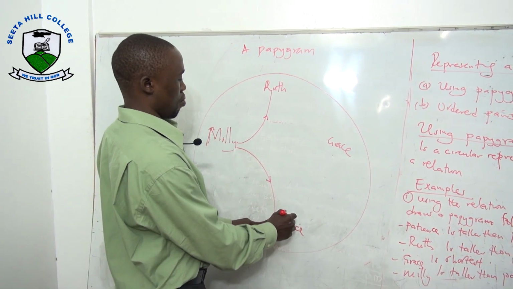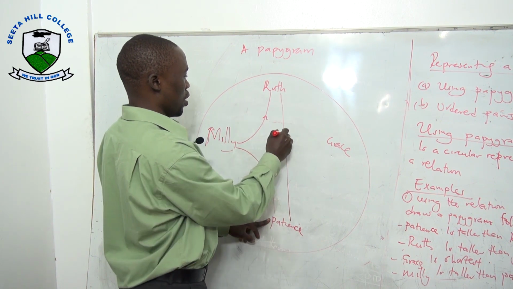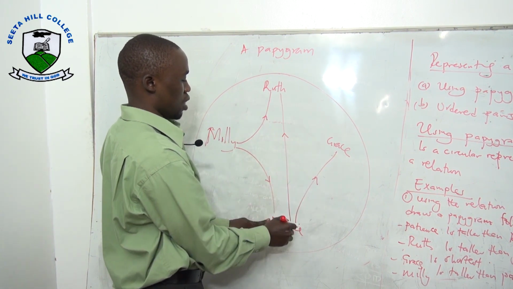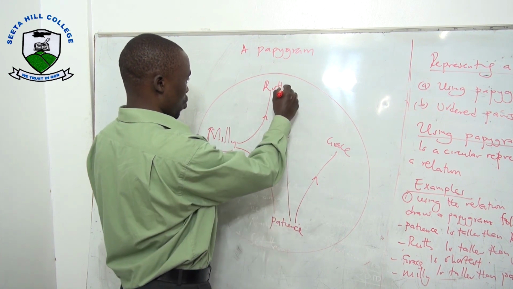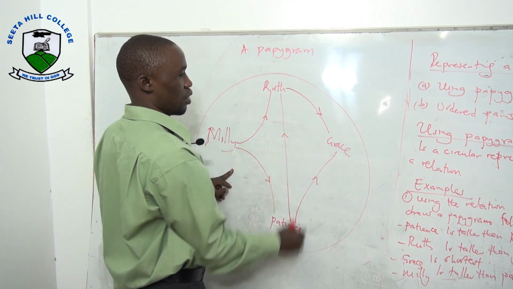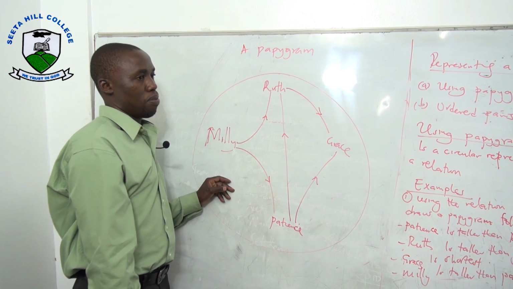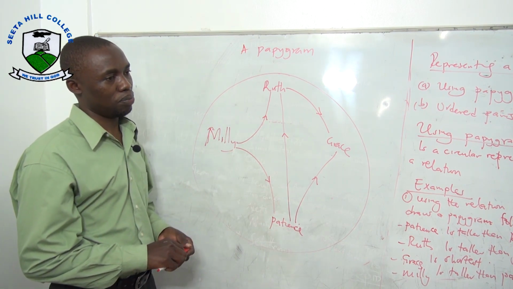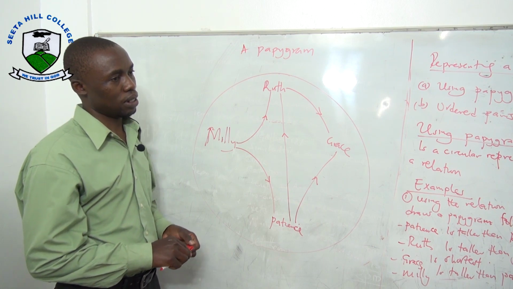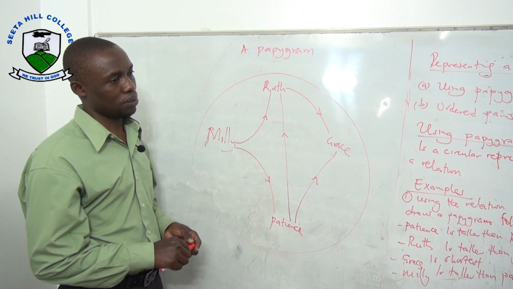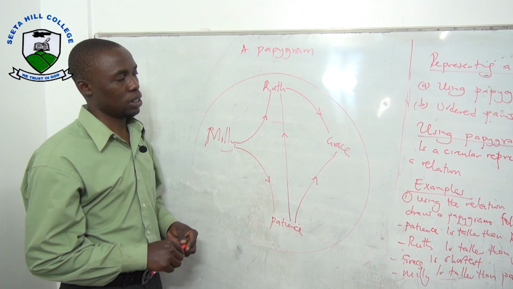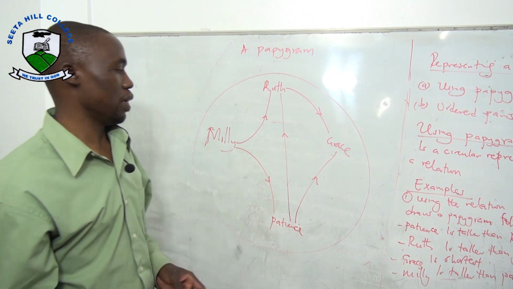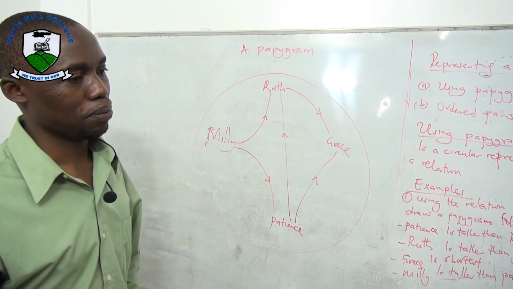Taller than Ruth, taller than Grace. And Ruth is taller than Grace. Yeah. That's the cyclic representation of the relation, the papagram. Okay, remove that.